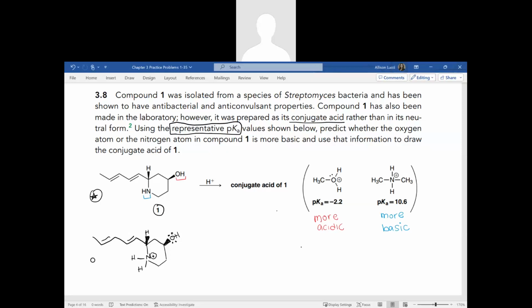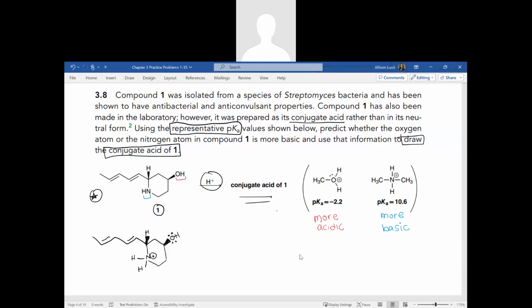So that's what we're asked to do at the end, which is to draw the conjugate acid of compound 1. So let's see if we can do this. So we add a proton and that equals the conjugate acid of 1.